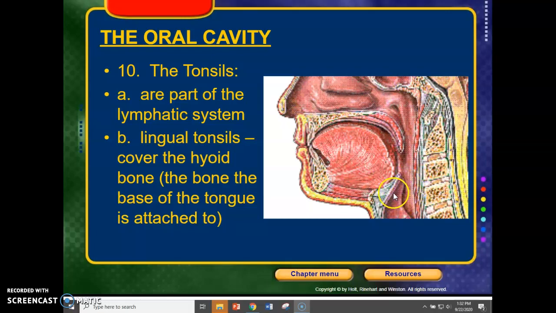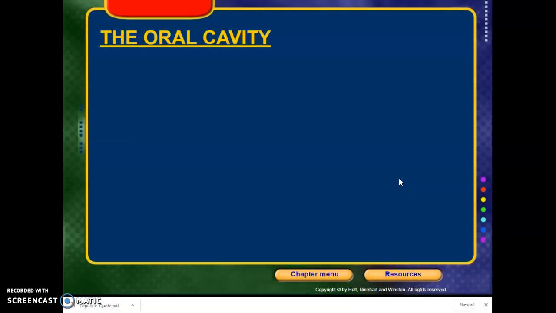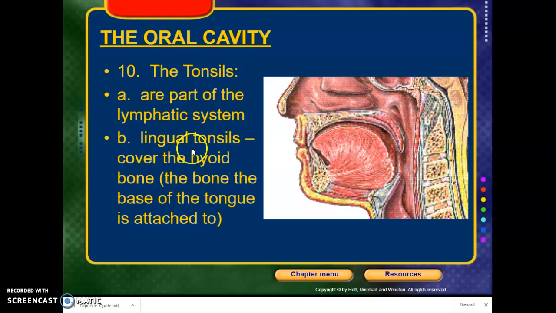Now, these tonsils could swell and be painful, and you might have to have them taken out because swelling could cause obstruction of this airway. If they swell really big, it could close this area off. You wouldn't want that. Oops, pardon me. Let me go back. But those are the lingual tonsils.